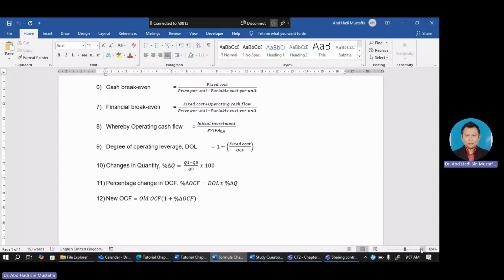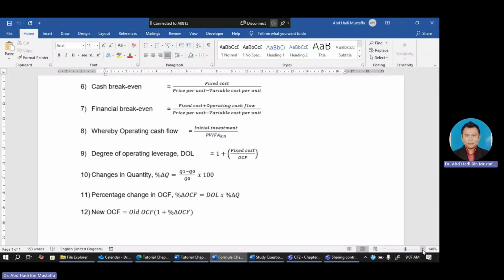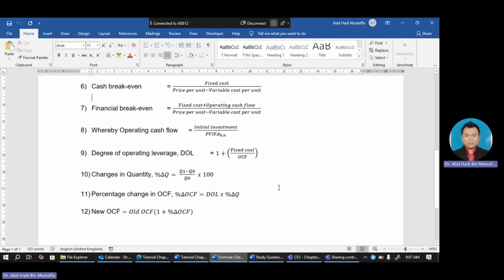Okay, now let me introduce to you formula number 9, 10, 11, and 12. Even though I introduced the DOL earlier, DOL can change from time to time, whether increased or decreased.